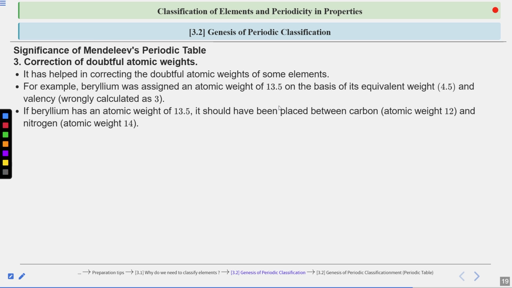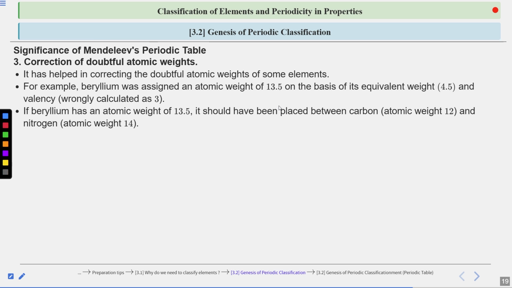But we know in our present time that beryllium has an atomic weight of 14 and not 13.5. As a result, it should be placed between carbon and nitrogen. If he had taken 13.5 as the correct atomic weight, then he would have placed the beryllium at a different place. But since beryllium was not fitting in that position due to its different physical and chemical properties, he placed the beryllium between the carbon and nitrogen.